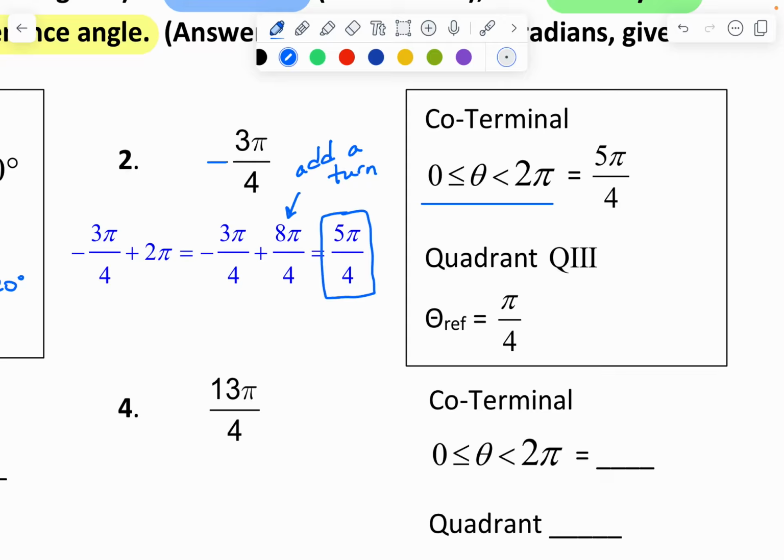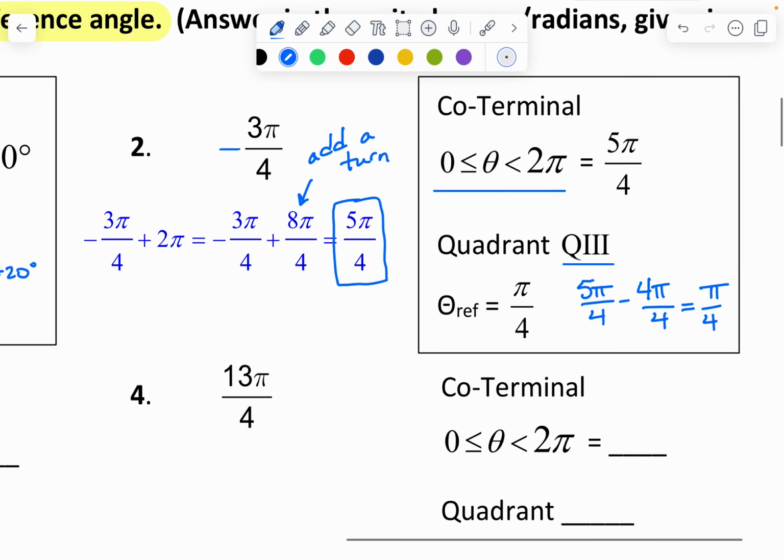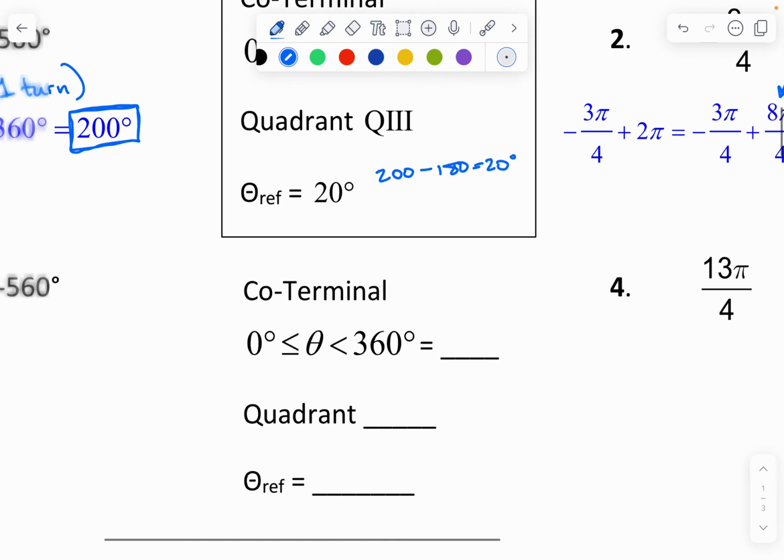So that again brings you to quadrant 3. And when you're in quadrant 3, you take your standard minus pi, in this case 4 pi over 4, and that leaves you with your reference angle, which is pi over 4. So let's do 3 and 4.